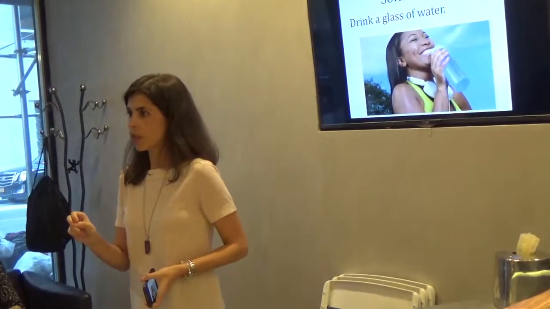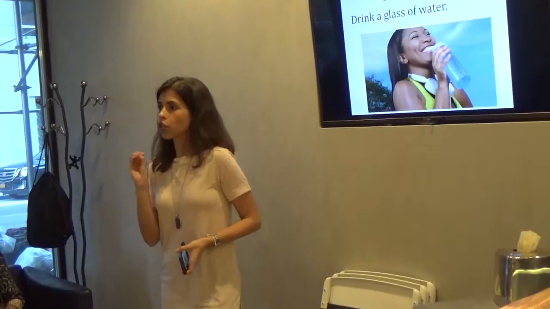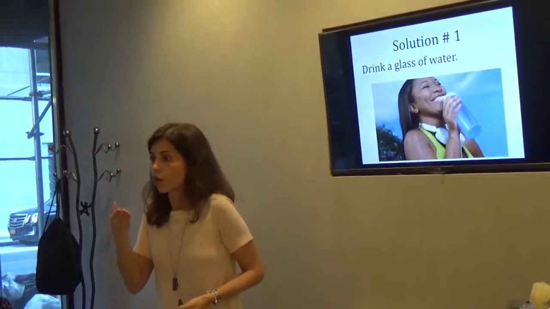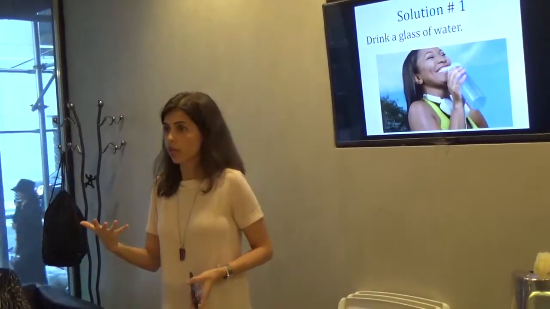Solution number 1, drink a glass of water. Most likely, when you're craving something, you're actually not hungry at all. You're not even craving the thing that you're craving. You're thirsty. When you eat something, especially a sugary food, it requires more saliva to come into your mouth to digest whatever you're eating, right?